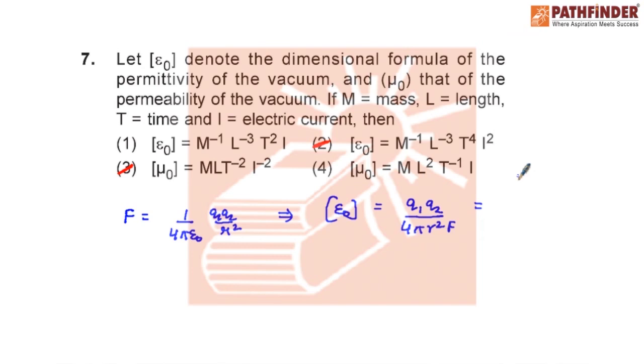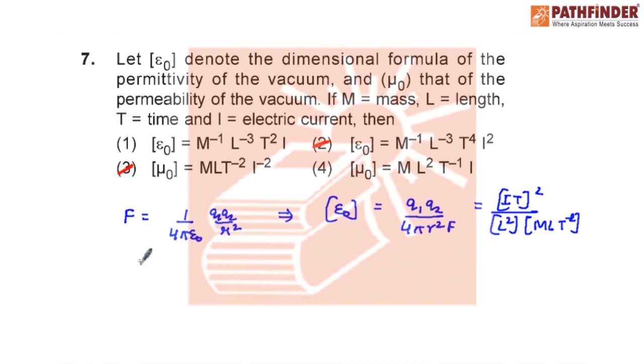Charge can be written as current into time, so I t square. Force can be written as m L t to the power minus 2. So on solving we obtain m to the power minus 1, L to the power minus 3, t to the power 4, I to the power 2, which is option 2.